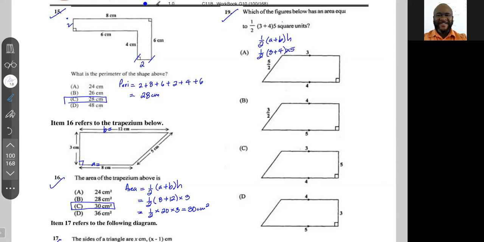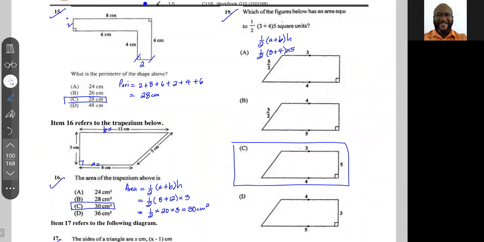Guys, now what we need to do is to look for a trapezium where the parallel sides are 3 and 4 and the height is 5. The answer for this one is C. The area of the trapezium at C is a half of 3 plus 4 multiplied by 5.